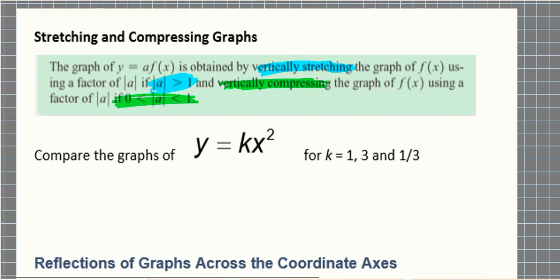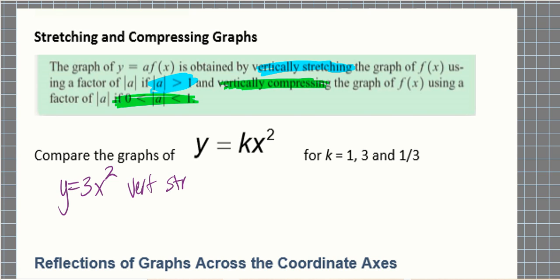I'm going to write it down. So when I have y equals 3x squared, the 3 is indicating that it's going to be a vertical stretch, because the number in front of my function is greater than 1.